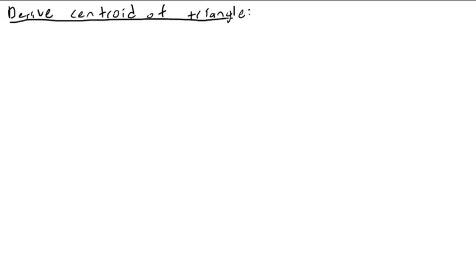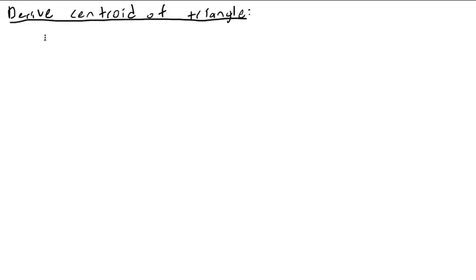So derive the formula for the centroid of a triangle. I'll try to do this generically in terms of variables instead of specific values. I want to actually prove this.